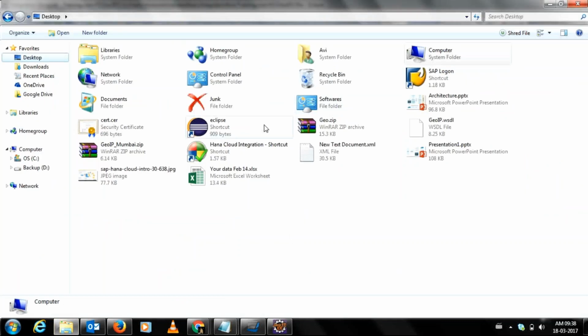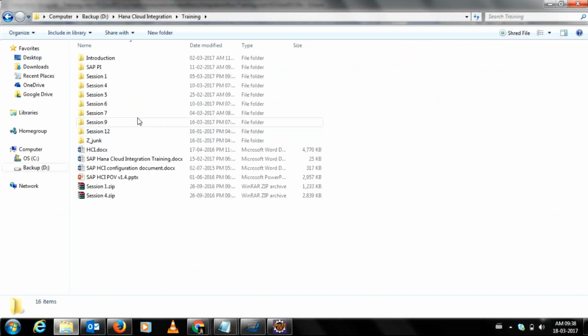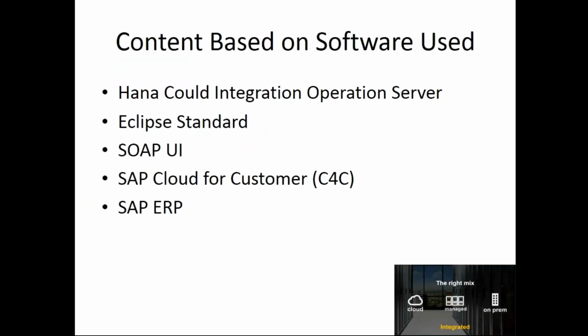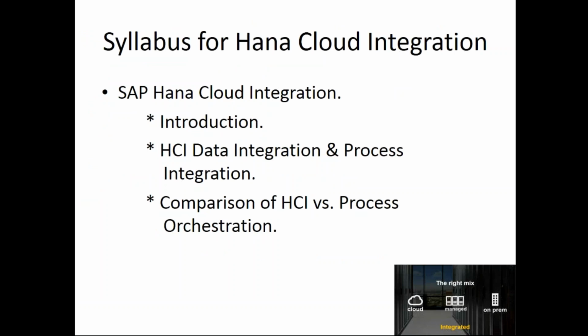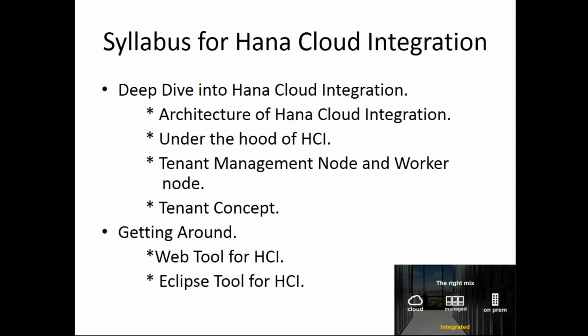So, we have done the introduction, ISO architecture, middleware evolution, capabilities of orchestration, the introduction of HCI, process integration comparison, HCI process orchestration. This is all basics and architecture of HCI, which we have completed.